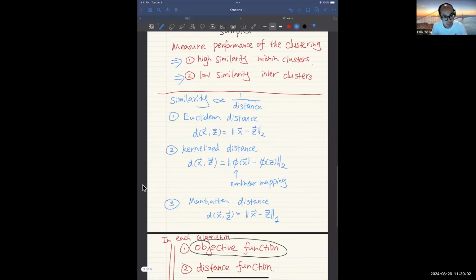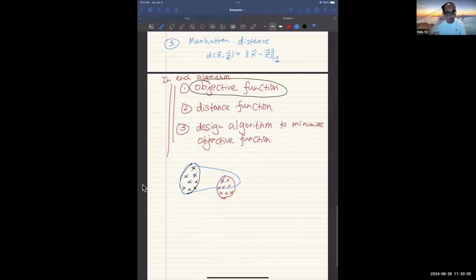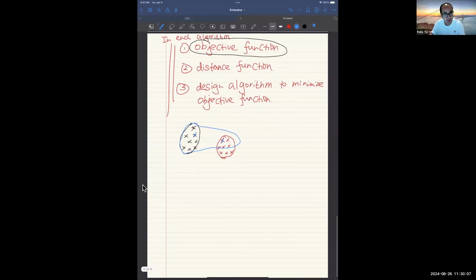Basically, if we want to have smaller within-cluster variances, the key goal is to have smaller variances, or a smaller sum of squared distances within the cluster.